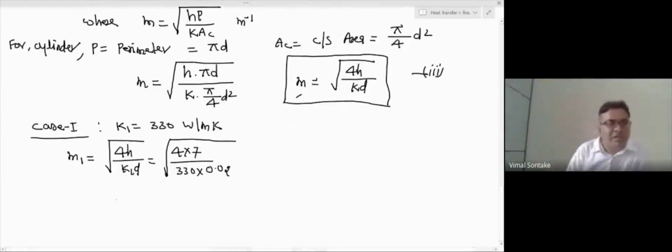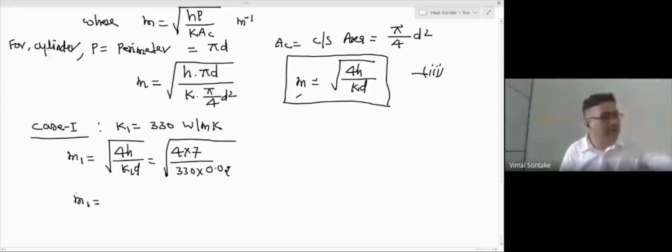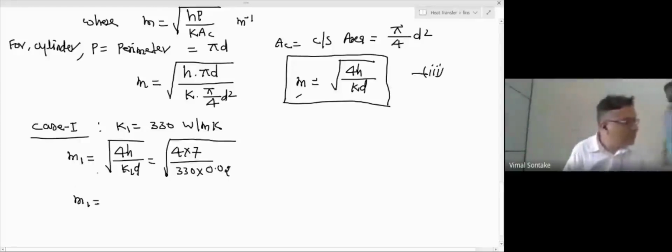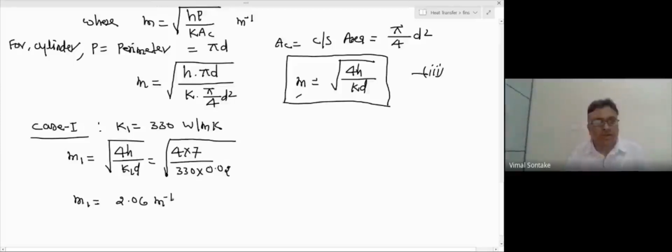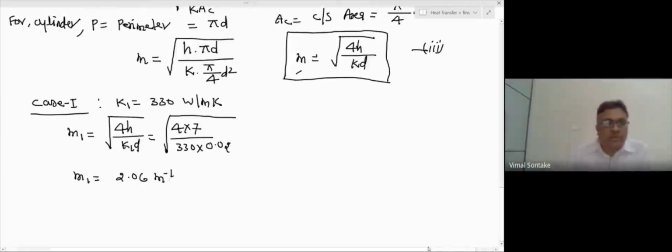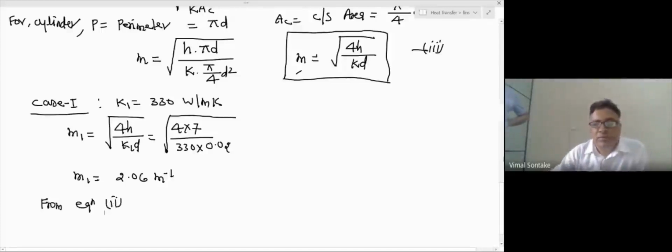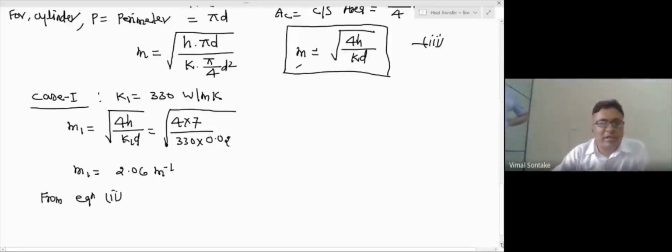After calculation, I will get the value of m1 as 2.06 per meter. Okay, after having the value of m1, now from equation 2, I can calculate TL for the copper rod.